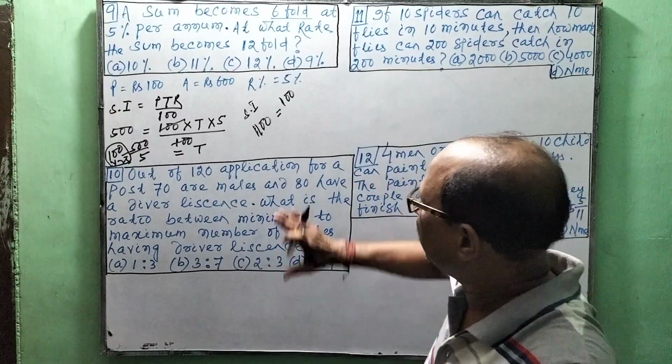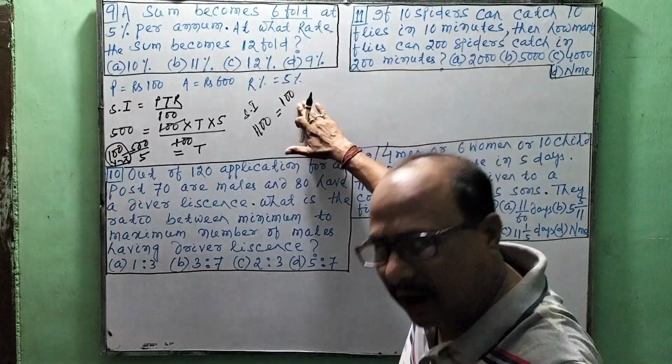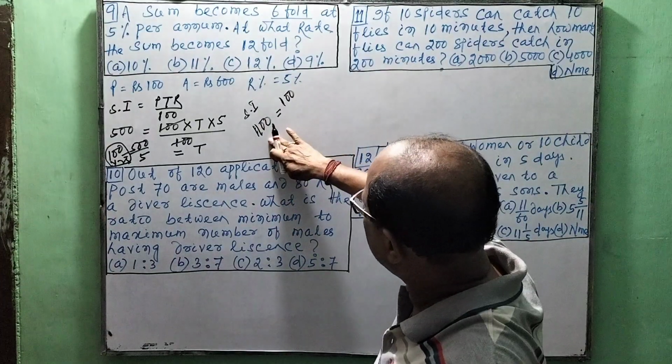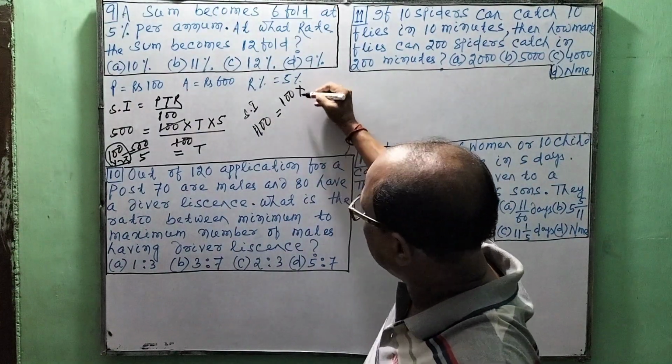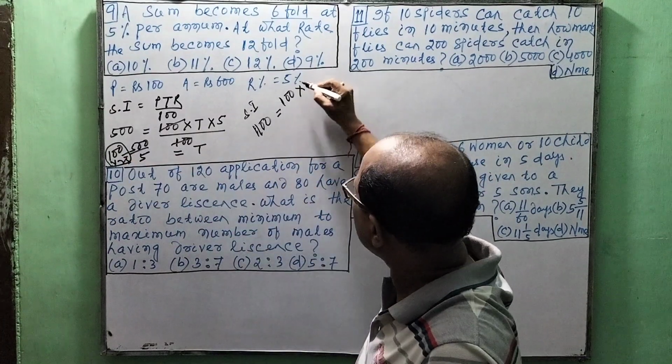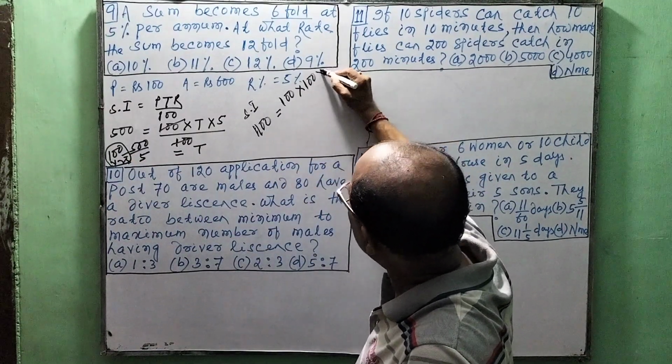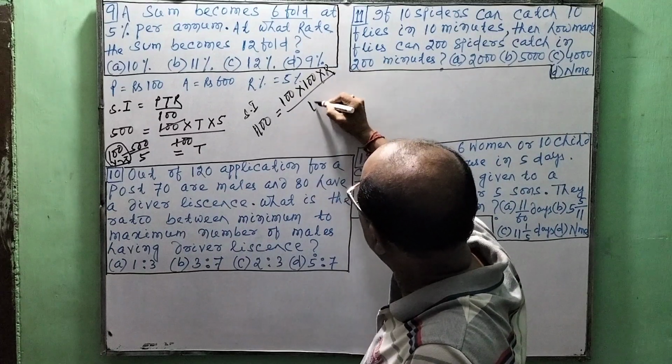So the SI is 1100, principal is 100. So 1100 is interest equals P into T, where T is 100 years, into R by 100.